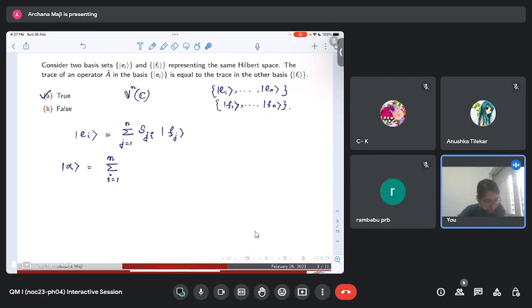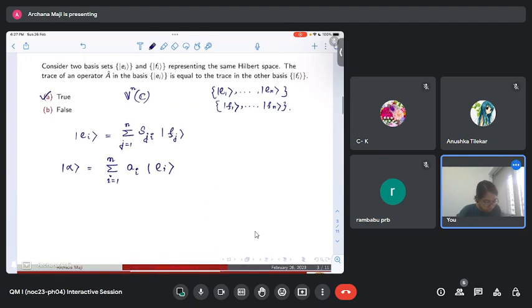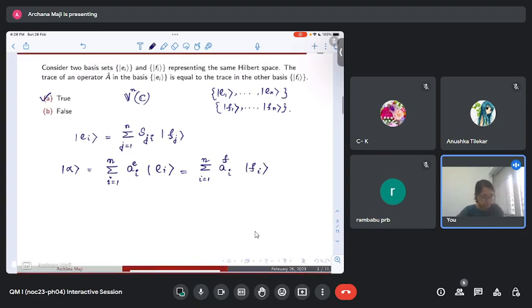Yeah, so any other state in this Hilbert space can be written as some number times those basis vectors. This can also be written as, let's denote it E, so we can distinguish it, because both are basis vectors, so we can express any state in terms of a linear combination of these or these.